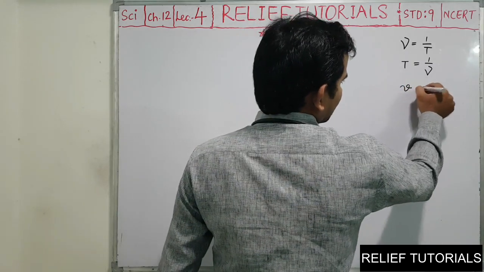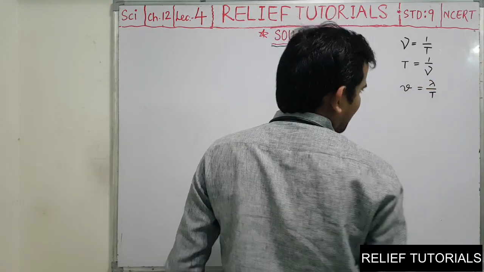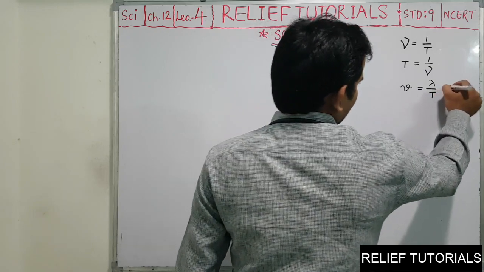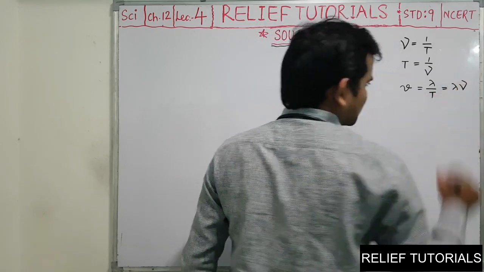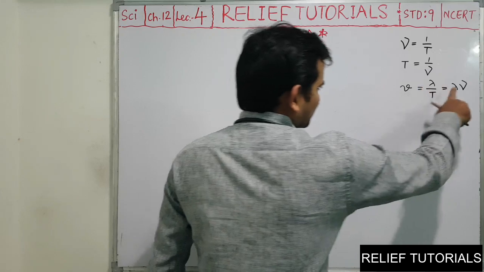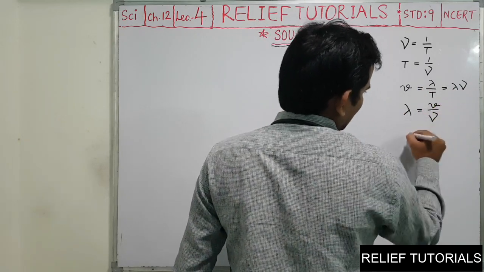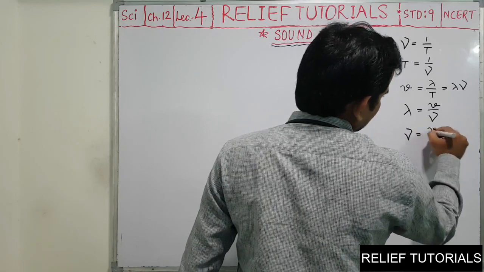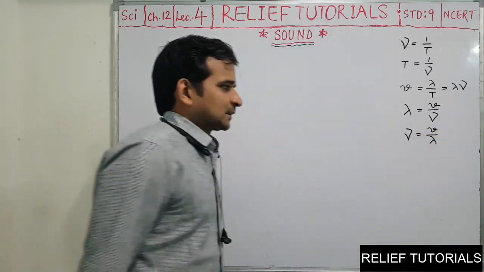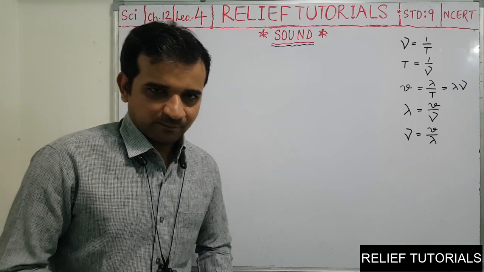Speed of wave is lambda by periodic time. Another formula, lambda into nu. And from this relation, lambda is equal to V by nu and nu is equal to V by lambda. These formulae we have seen.